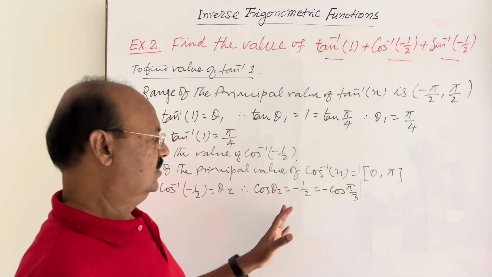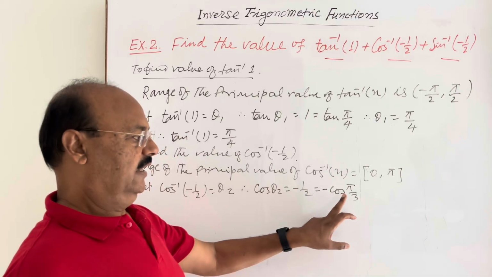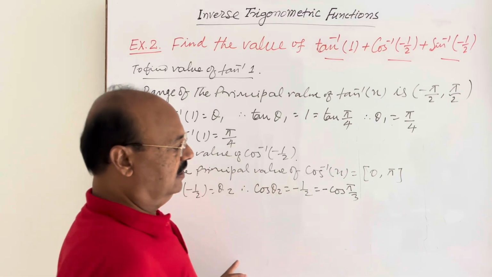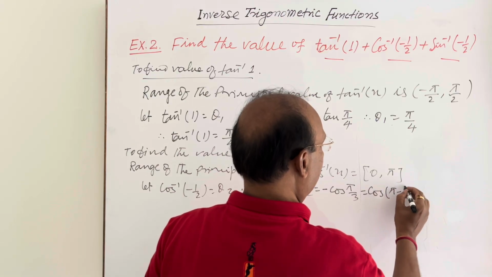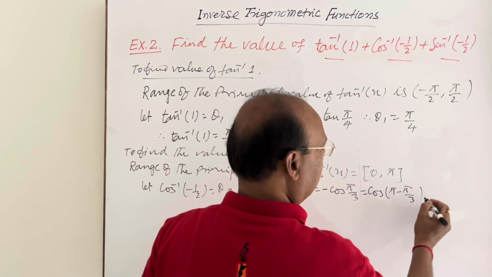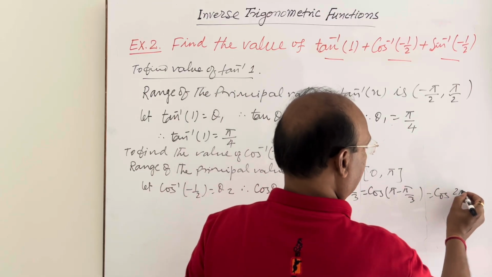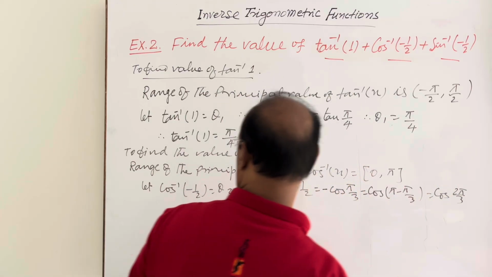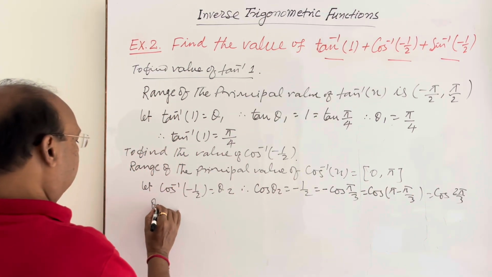You know, cos 60 degree is equal to half, and the negative sign is here. This minus cos pi by 3 can be written as cos of pi minus pi by 3, and simplifying it, this is 2 pi by 3. So we are getting theta 2 is equal to 2 pi by 3.